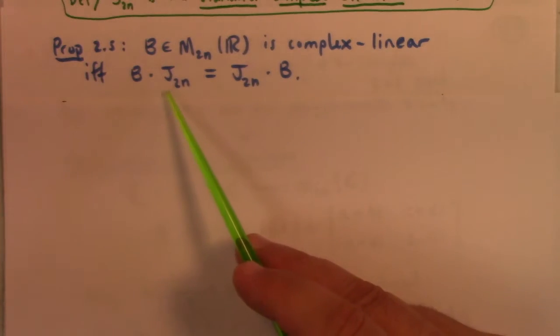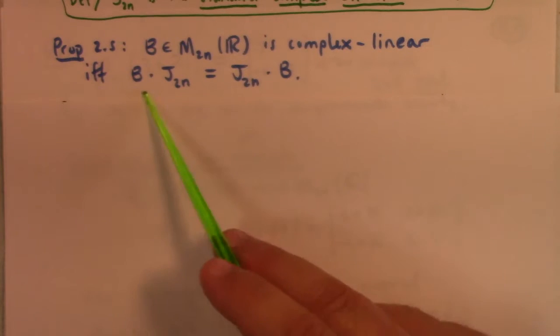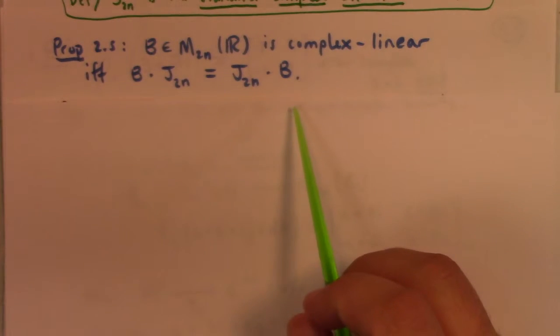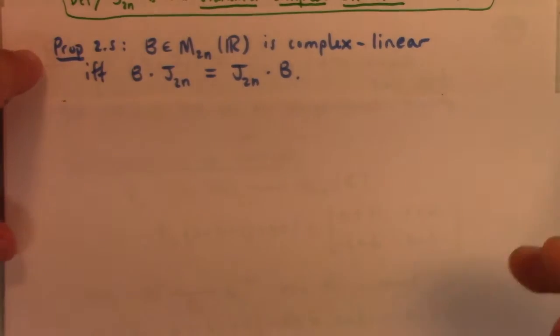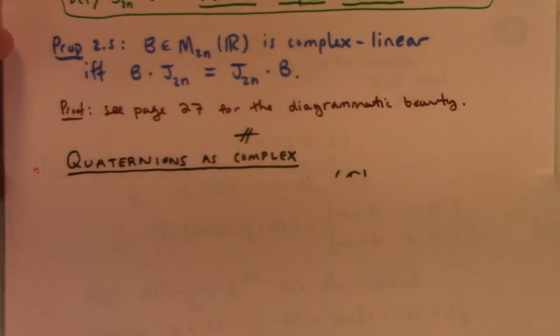So this is just a real 2n by 2n matrix condition, if it just commutes with this particular 2n by 2n matrix called the standard complex structure. So that's a neat little proposition, which of course is useful if you're studying a specific problem. You can see page 27 for the diagrammatic beautiful argument.